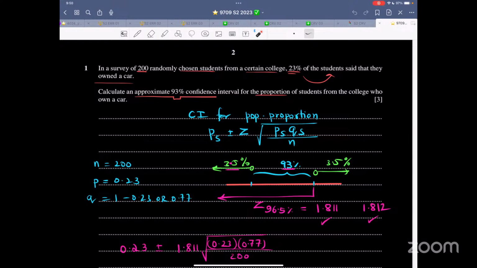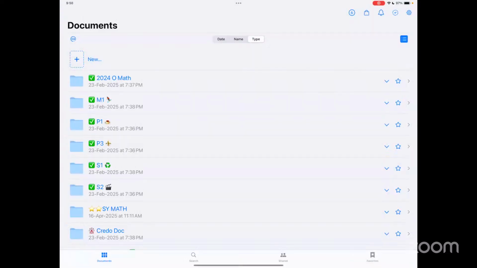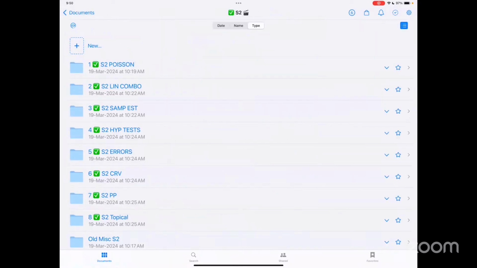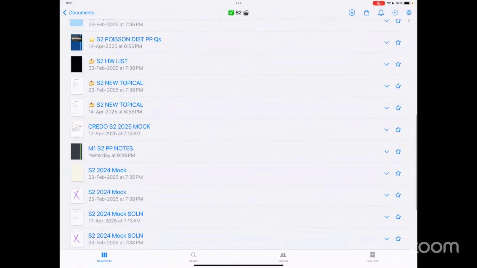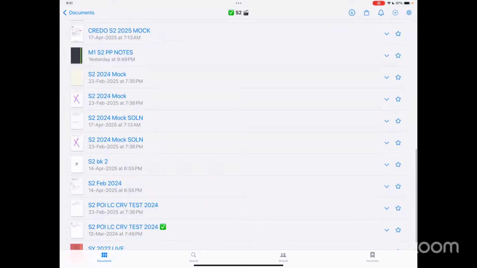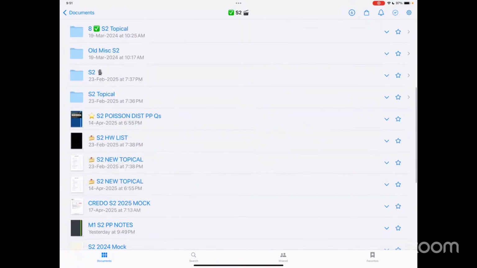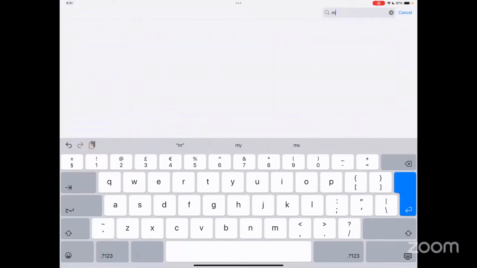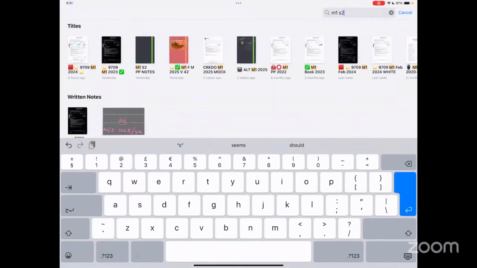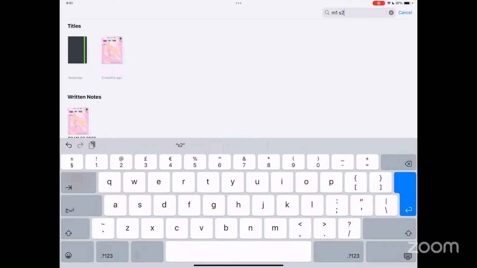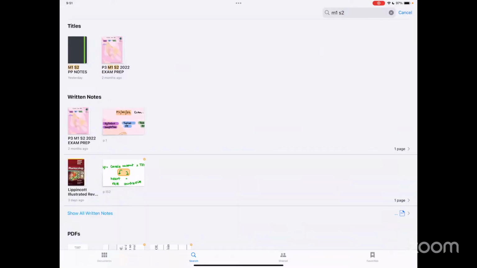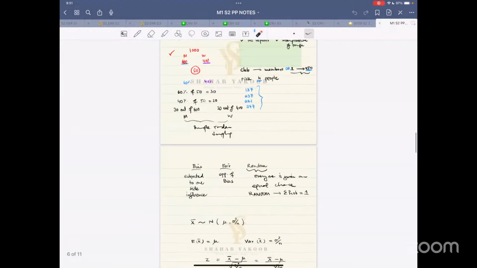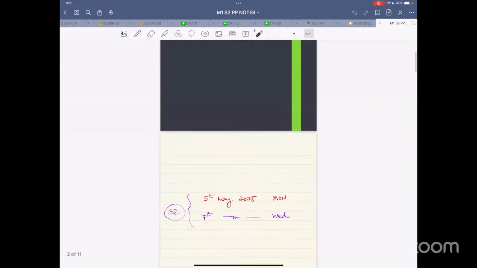And yesterday, I took a class of my students and I did something over there. There was a PDF that I made. I think it was M1 and S2. Yes, so these are the notes from yesterday.